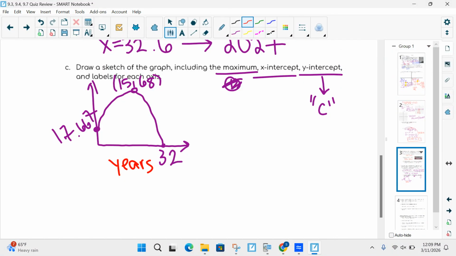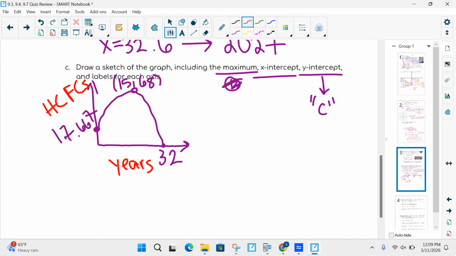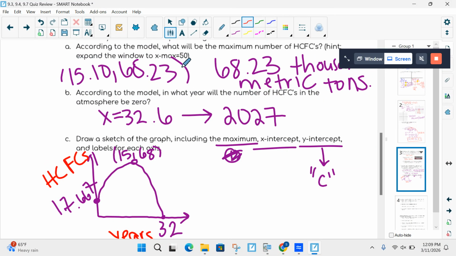And the y is HCFC, unless you want to write out hydrochlorofluorocarbons. How'd you get 15? Because when I did my vertex, I wrote it down because I knew I had to put it in my sketch. That's the x coordinate of the vertex. The y value was just from doing the max button.